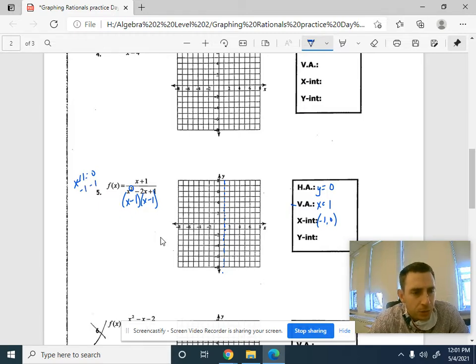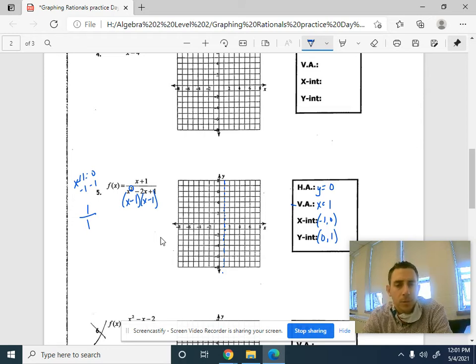If I plug 0 in for x, we're going to get 1/1. So we're going to get 0, 1, because we would get 0 plus 1 up top and they would cancel. So 0, 1 would be our y-intercept.